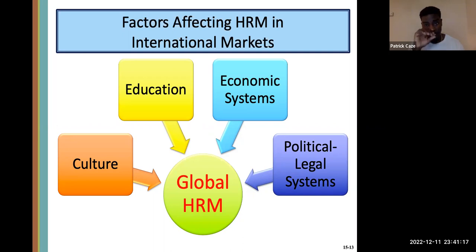Economic systems, right? How do we manage the economy that we are in as compared to the economy that we have people working in? Okay, and how do those economic conditions affect our business, right? As far as affecting the workforce that we have. Okay, political legal systems, right, are different all around the world.